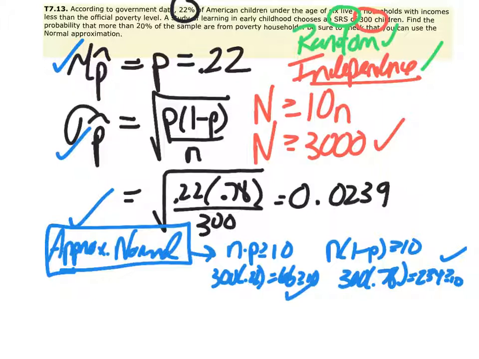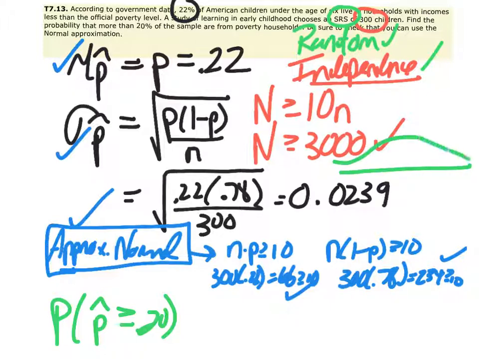So to do that, we're going to find the probability that p hat of our actual sample is greater than or equal to 20%. If we were to make a sketch of this distribution, by the way, just to get a general idea, the mean of the distribution for the population is 0.22. What's the probability that our sample is at 20%, which is probably about right there, or higher?